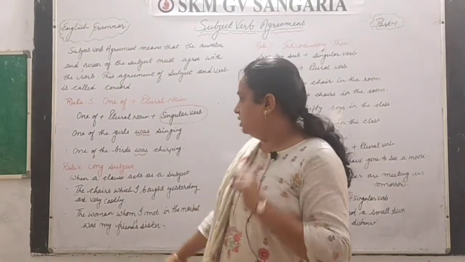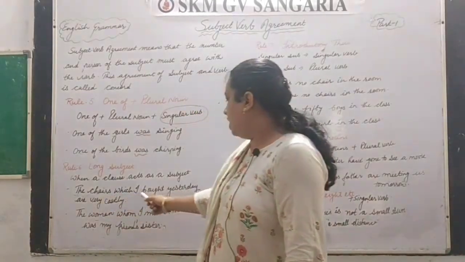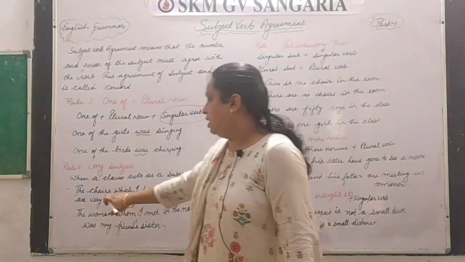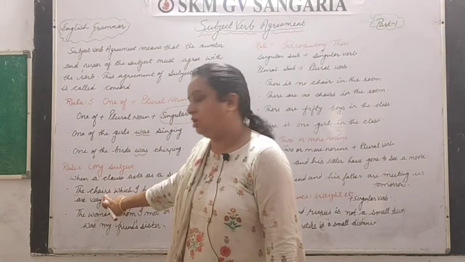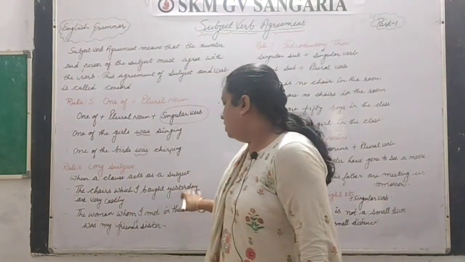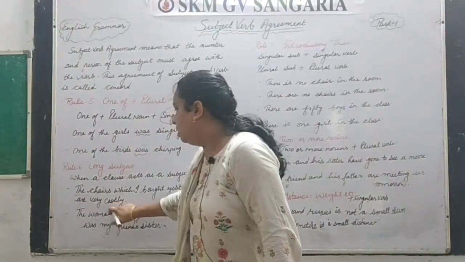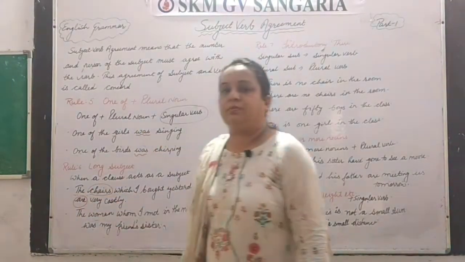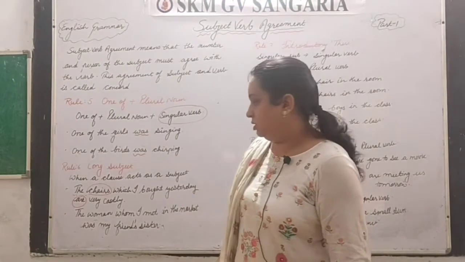So how do we do it? Let's see. The chairs which I bought yesterday are very costly. Here I am talking about chairs, right? So with chairs I have used are, if you are talking in present.